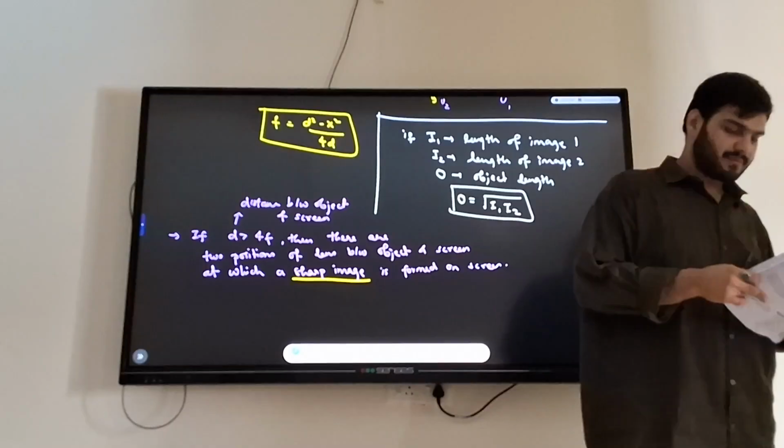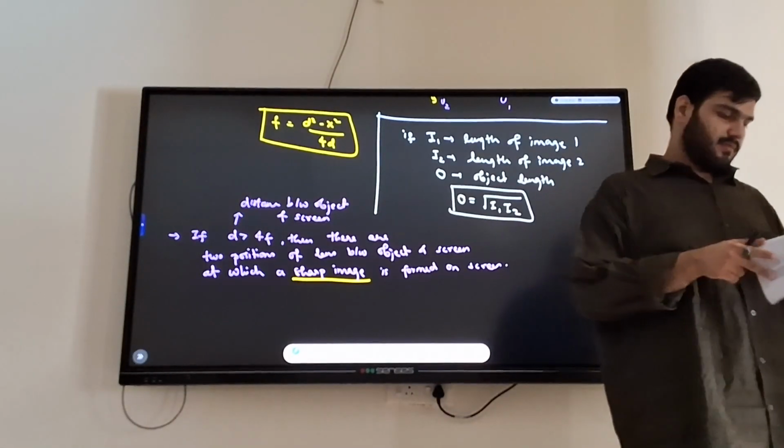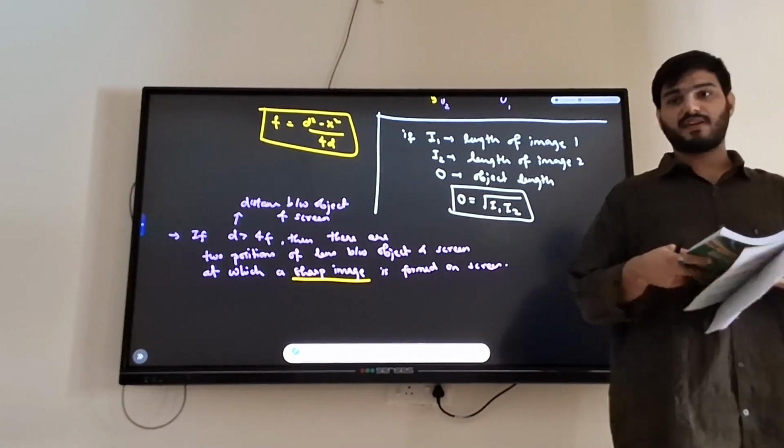This is the displacement method. Once you are okay with this, you can start with the sheet again.